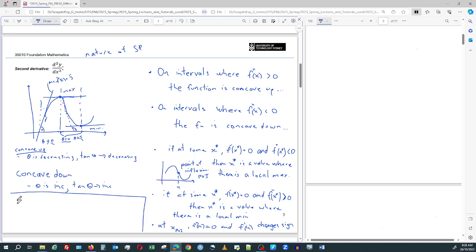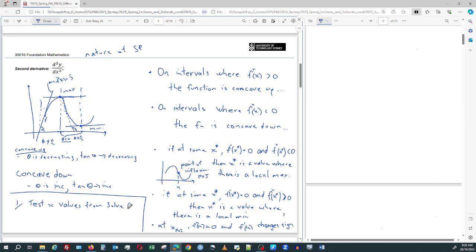So the first thing we do is we test the x values from the solution of y dash.